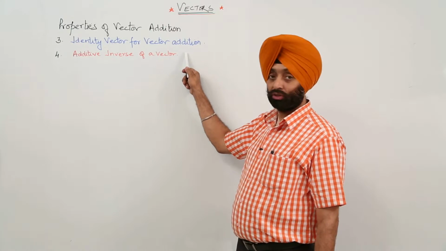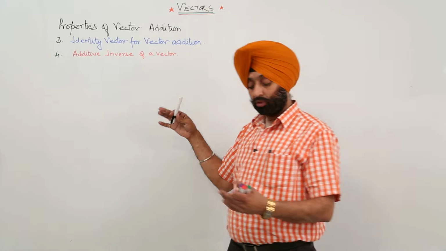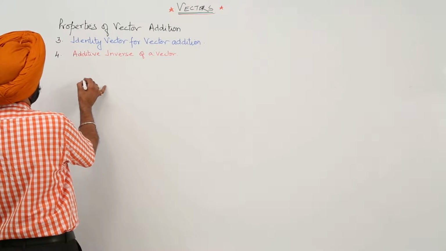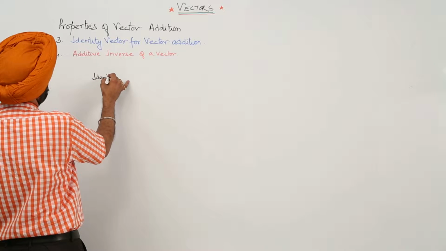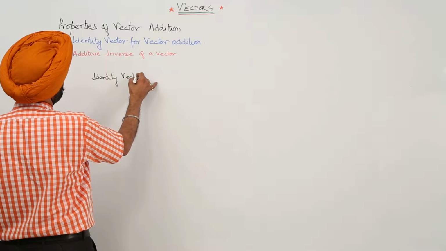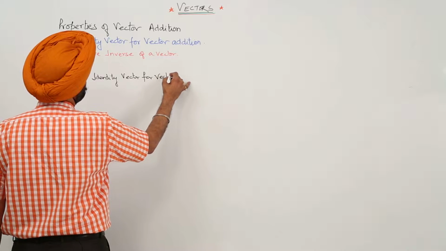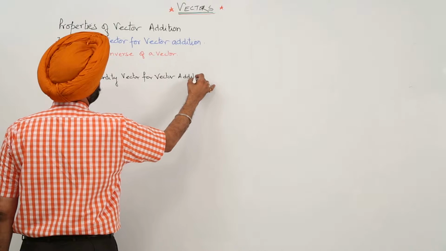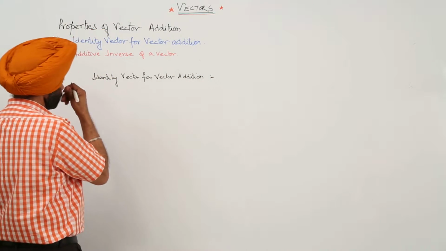vector for vector addition, and the fourth is additive inverse of a vector. Now a very simple properties. Identity vector for vector addition. Now number 3.